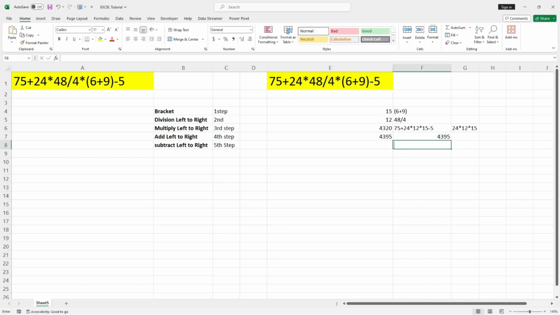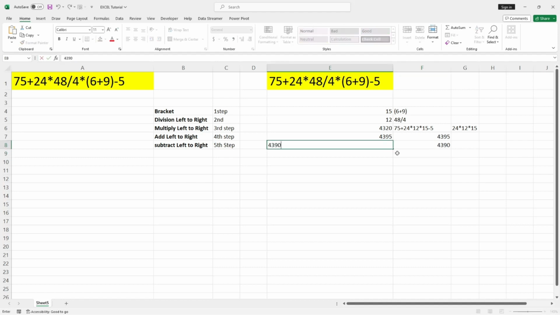So 4395 will be subtracted by the value of 5, because this number which was there in the first step has not been taken during this calculation till the fourth step. So in the fifth step, we are taking this minus 5 and we are subtracting it from 4395. So that will be equal to 4390. 4390 will be the total.